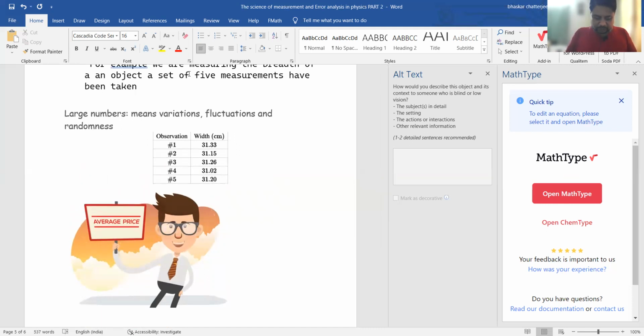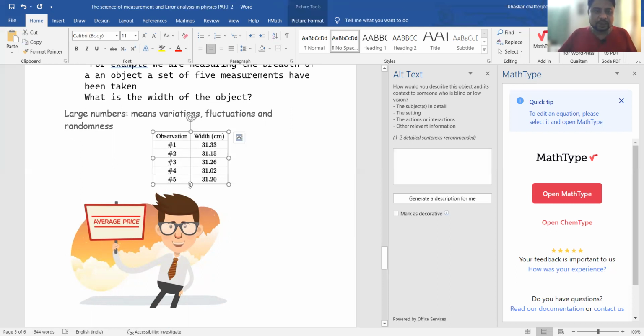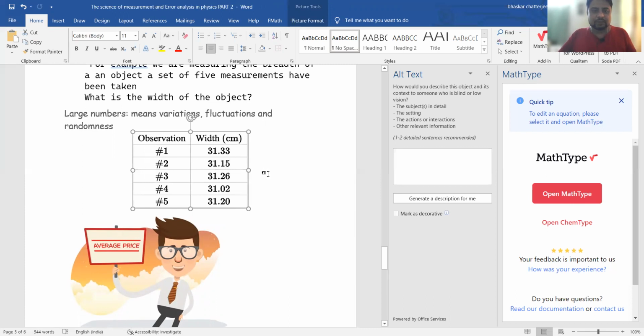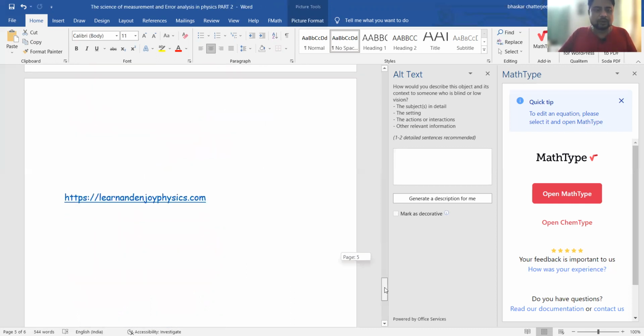Now the question is, what is the width of the object? If someone asks you what is the width of the object, you cannot say that I have taken 5 readings and these are the 5 readings. You have to tell him a single value.